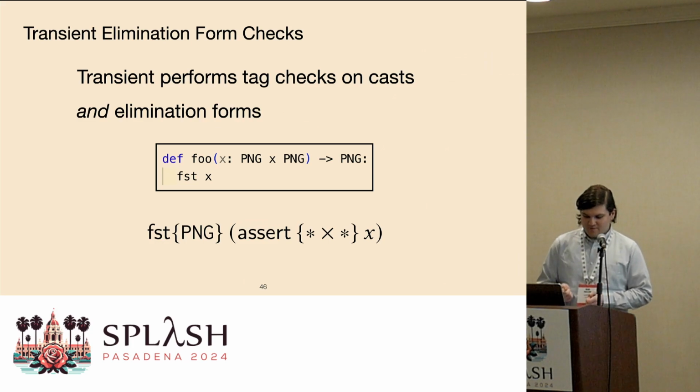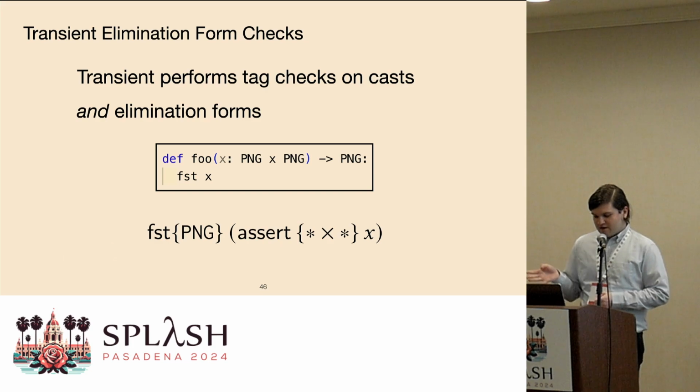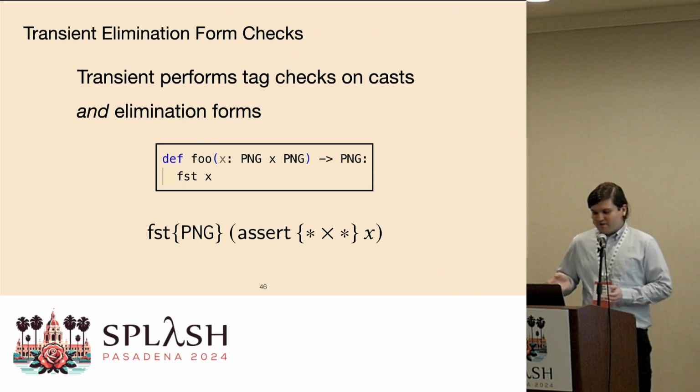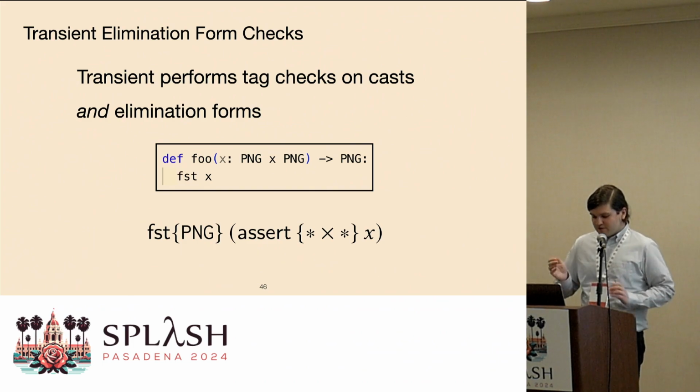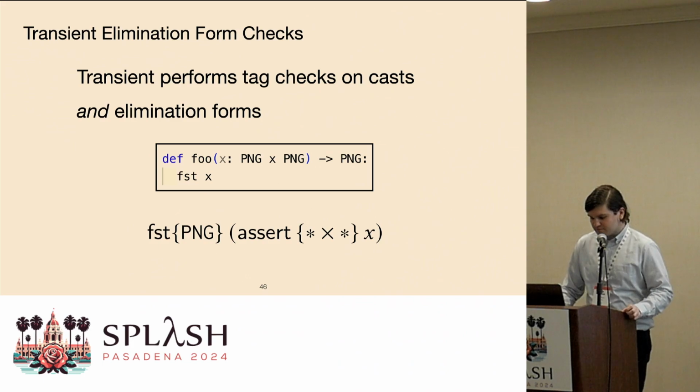So in this example, we're taking in a pair of PNGs and returning a PNG. And we're just taking the first projection. So because of the essentially tag soundness result, all we know about the argument coming in is that it's a pair. However, on the first projection, we do this check that actually gives us more information about what's in that pair, namely that it's now a PNG.